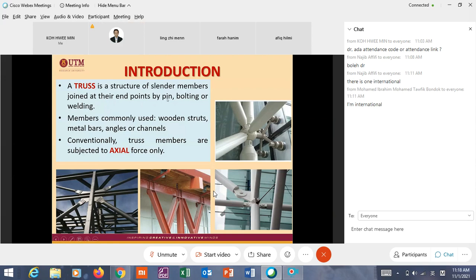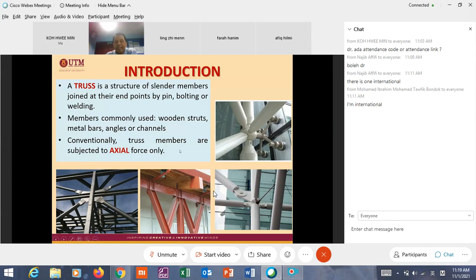And what is this? This one is a gusset plate. Whether it is a pin connection or a rigid connection depends on the size of this gusset plate, whether it is small or large.